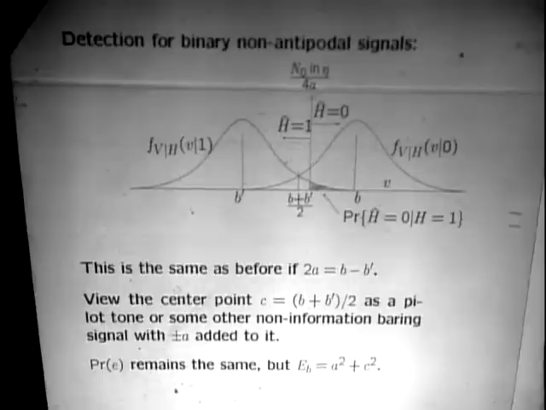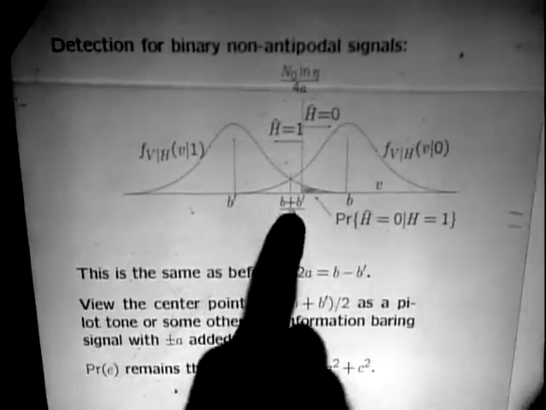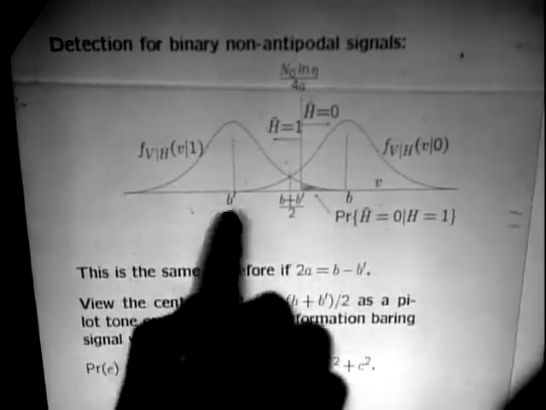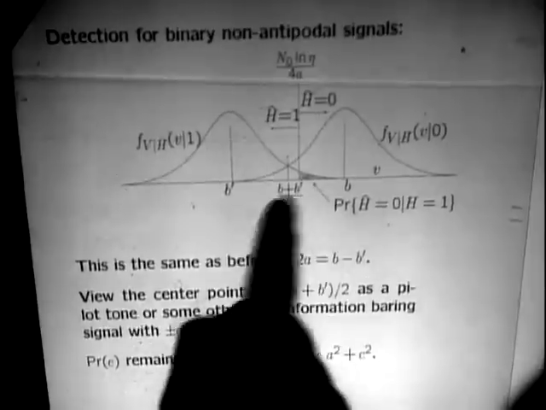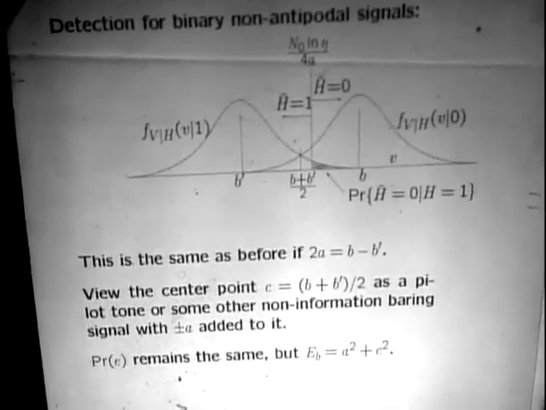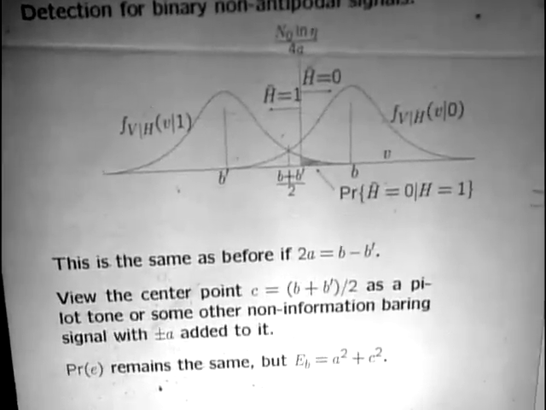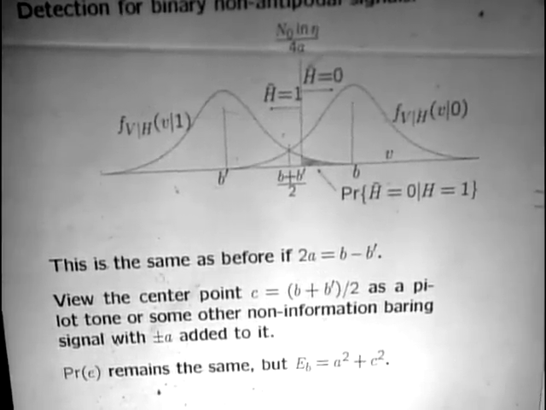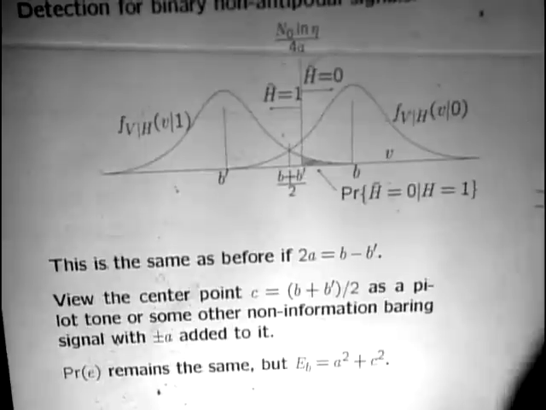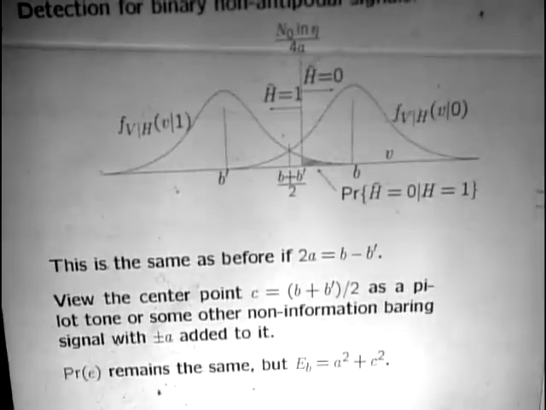And what I've done, because I didn't want to plot this whole picture again, is I just took the 0 out, and I replaced the 0 by the point halfway between these 2 points, which is b plus b prime over 2. And then we look at it, and we say, what happens if you have an arbitrary set of 2 points anywhere on the real line?